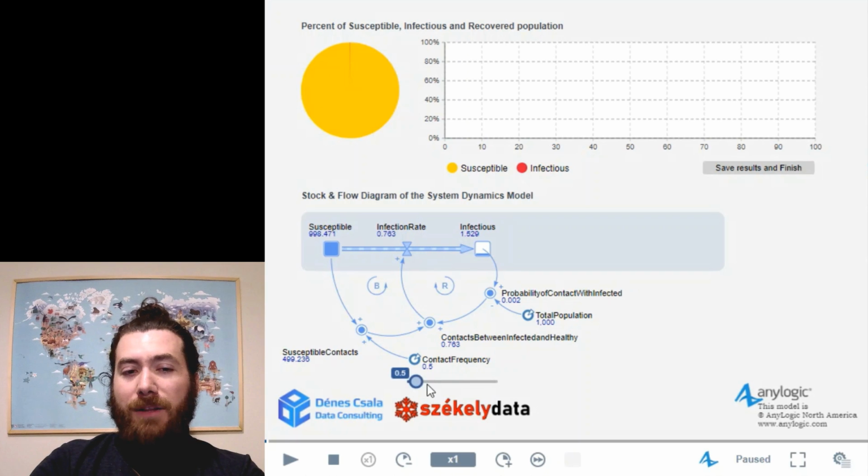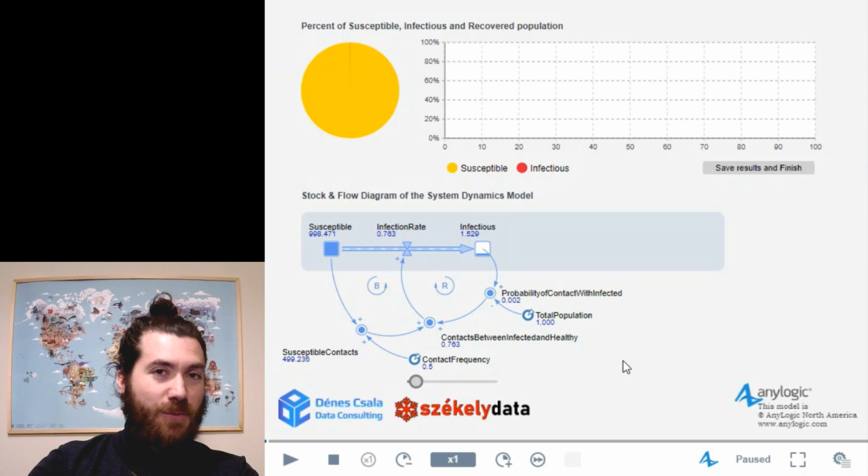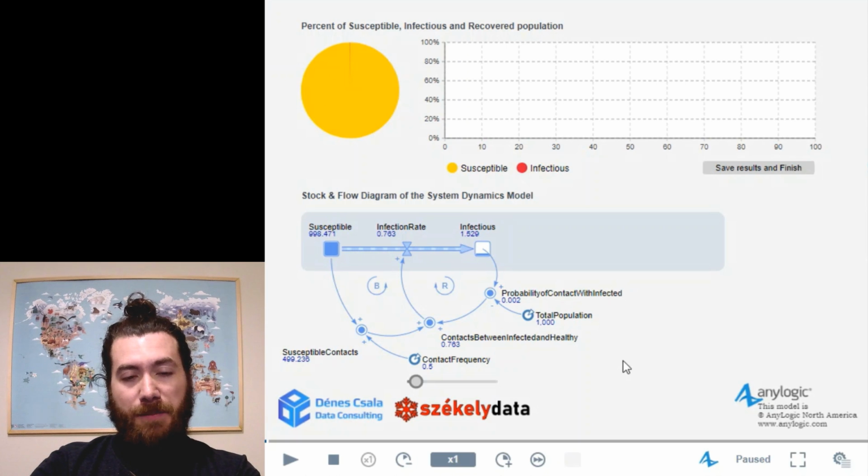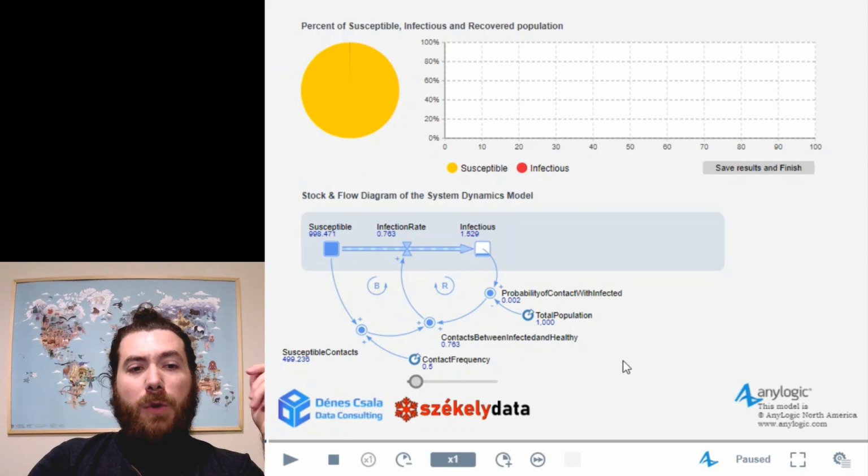I put a very low value here, just half, because you will see that the disease spreads quite quickly with these settings. So a contact frequency of half means that you get into contact with one person every 2 days, which of course is not realistic. But what actually defines the infection rate is this number of susceptible contacts, right?